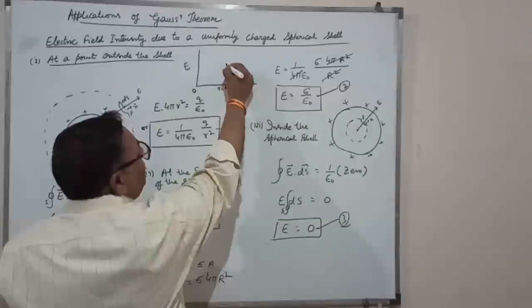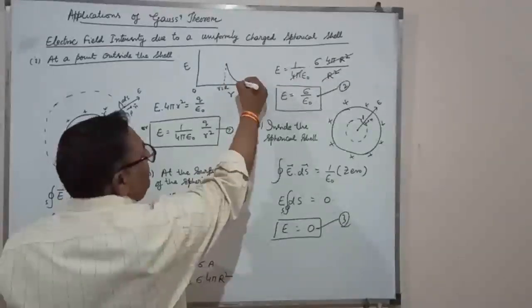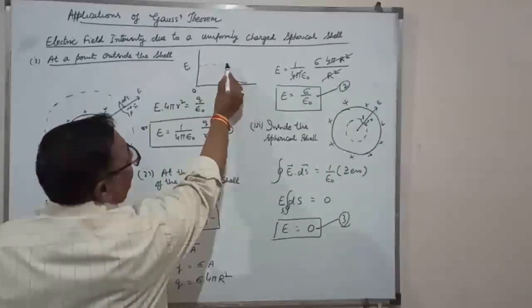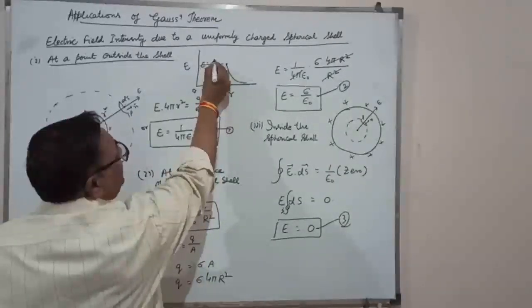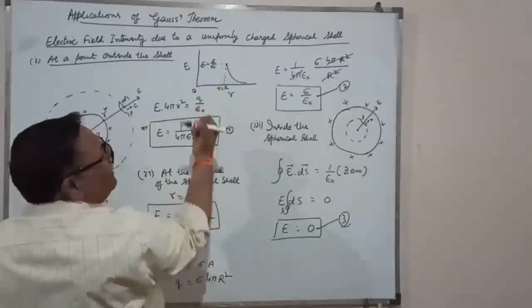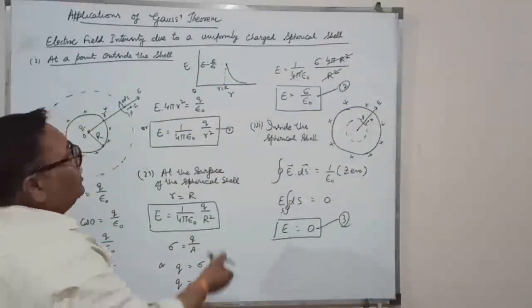Then, clear? At the surface, E is equal to sigma upon epsilon naught. This is the maximum value, E maximum.